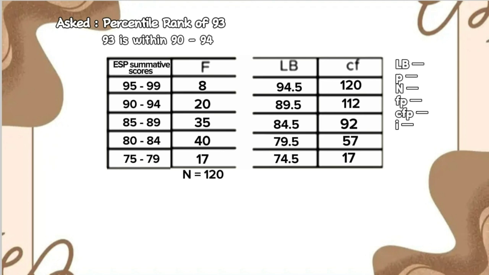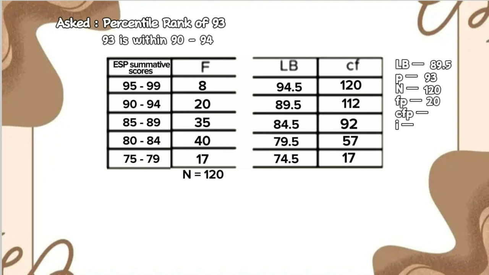The problem asks for the percentile rank of 93, and 93 is within 90 to 94. So let's focus on the second row. Our LB is 89.5. Our P is 93 since we are finding the percentile rank of 93. Our N is 120.